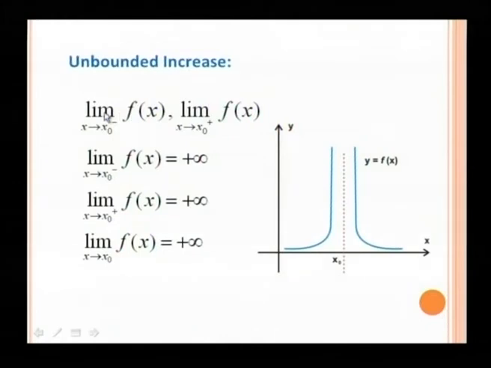As I told you, we will be using limit x tends to x naught minus f of x for the left hand limit, and we will be using limit x tends to x naught plus f of x for the right hand limit.